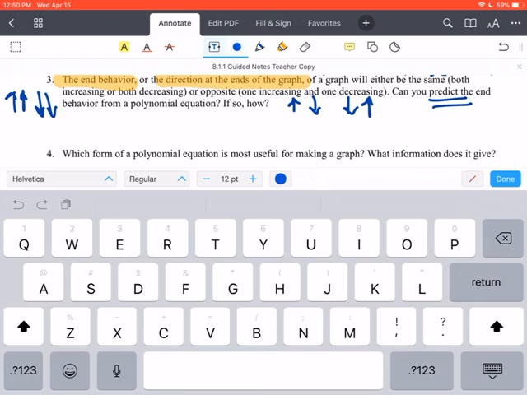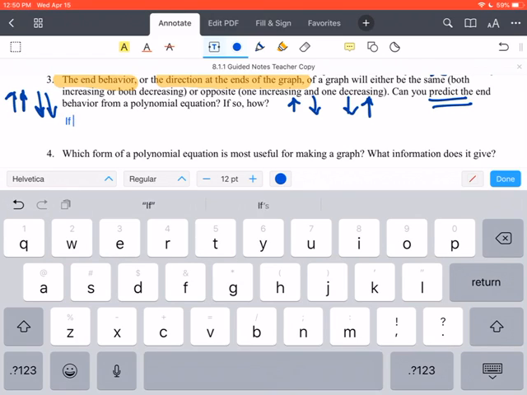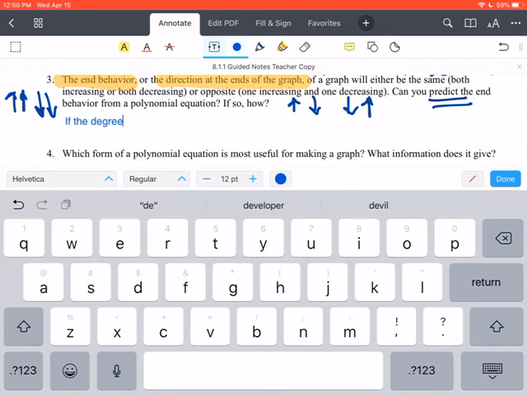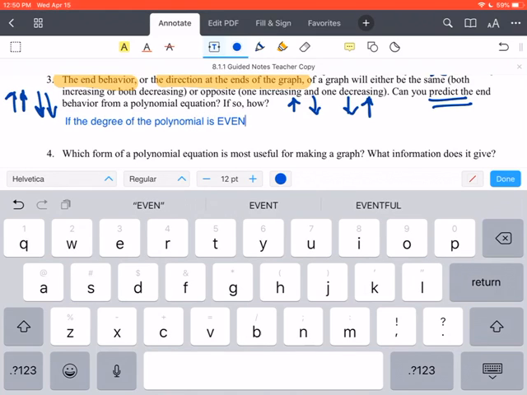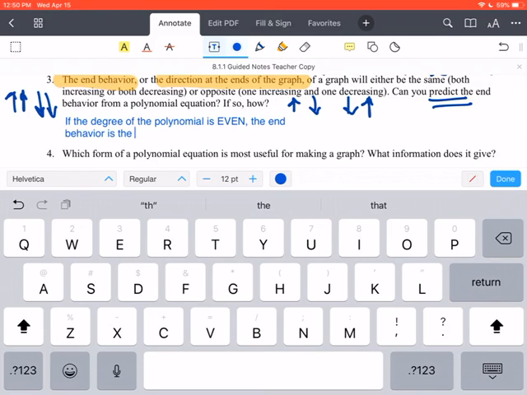We are going to start with if the degree is even. If the degree of the polynomial is even, the end behavior is the same.